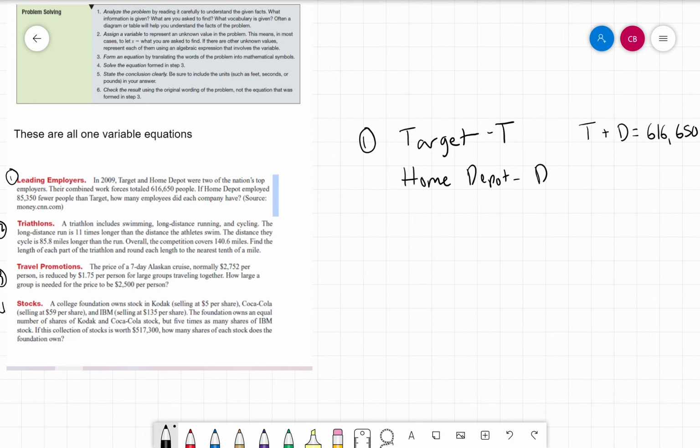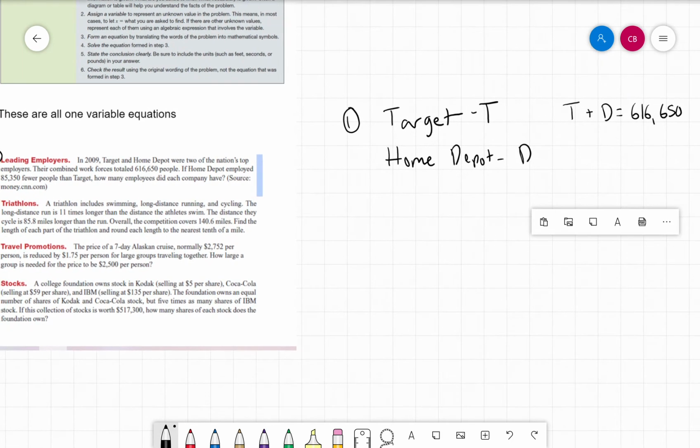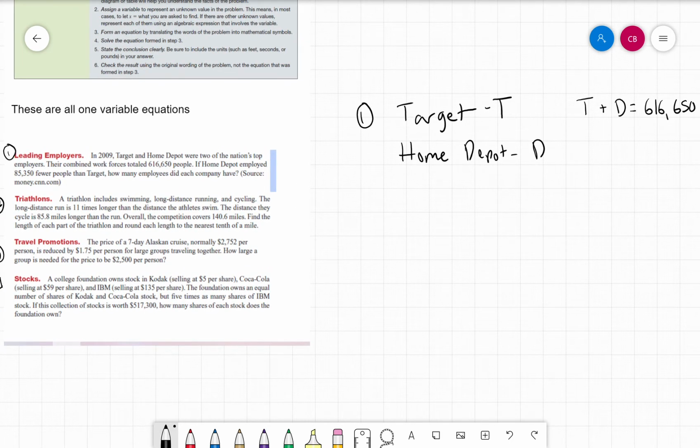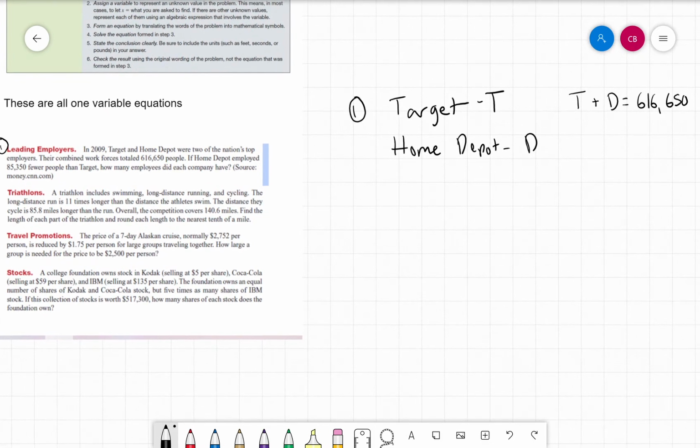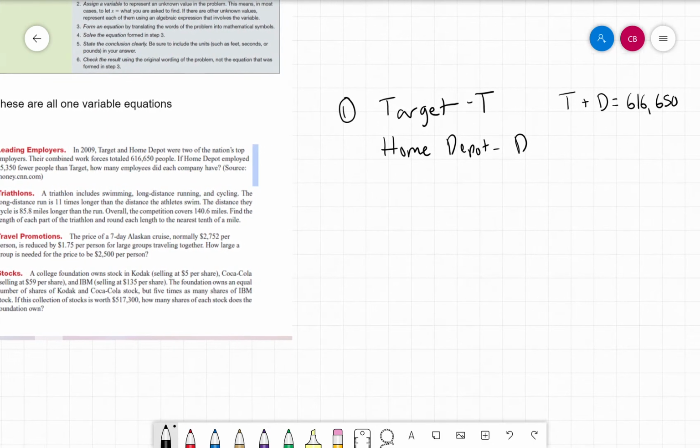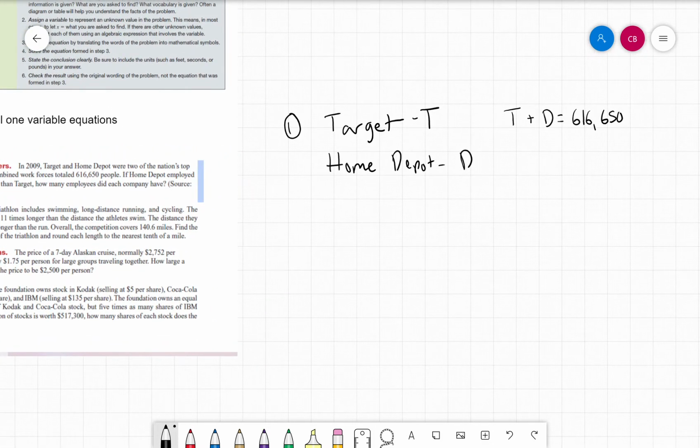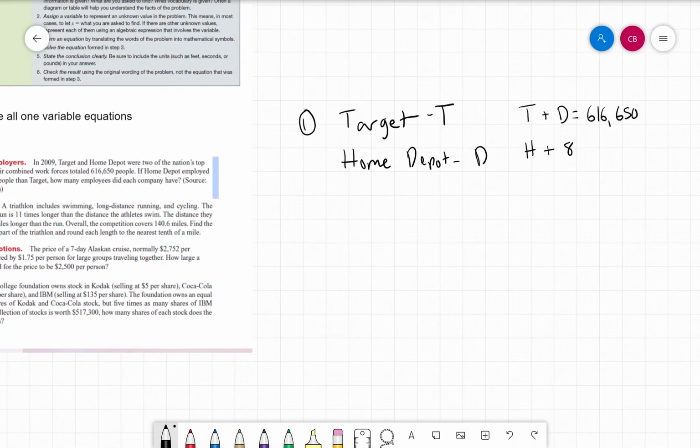616,650. Okay. Then it says if Home Depot employed 85,350 fewer than Target, how many employees did each company have? So we know Home Depot plus 85,350 people is equal to T. Why am I using D?